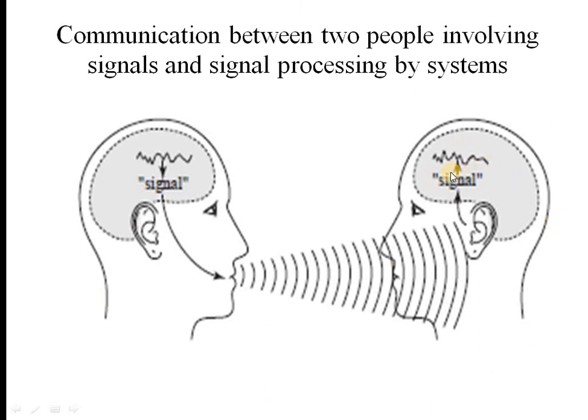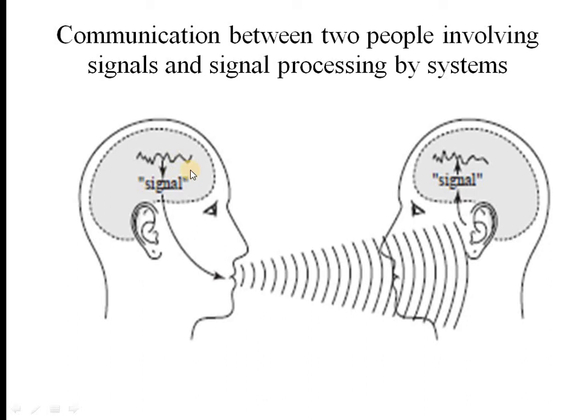I would like to explain what happens here. The speaker first thinks of the concept of a signal in his mind or in his brain. Then the brain of the speaker quickly converts the concept to the word signal.